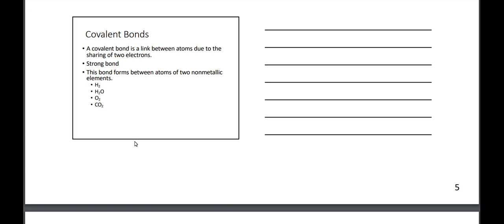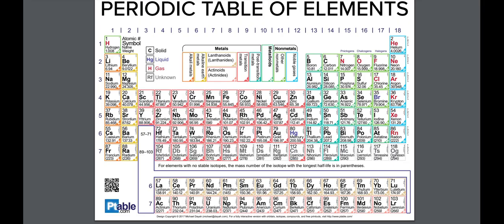Okay, the bond forms between the atoms of two non-metallic elements. So if you remember when we looked at the periodic table, we said the periodic table is mostly divided into metals and nonmetals, and we said these folks on the right side of the periodic table, on the upper portion right here, all those guys, not the krypton, are considered nonmetals.